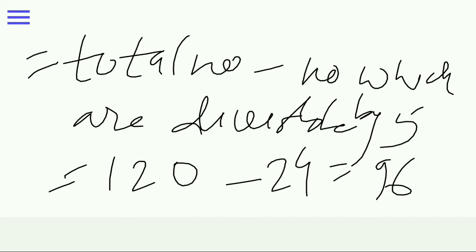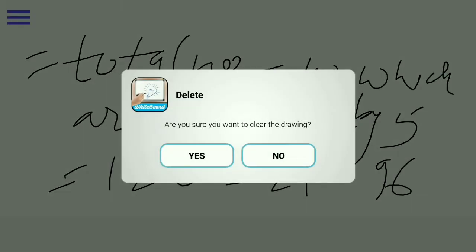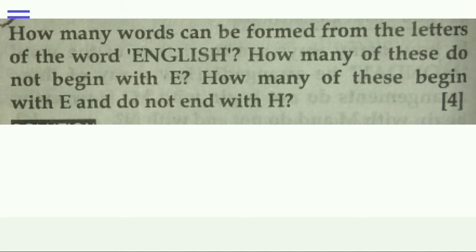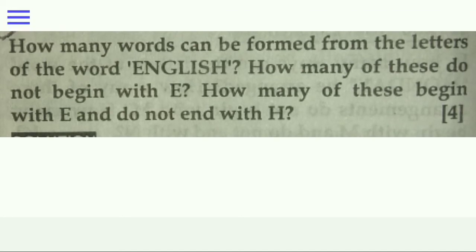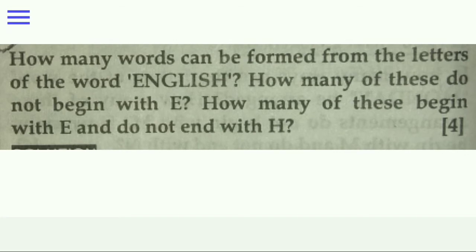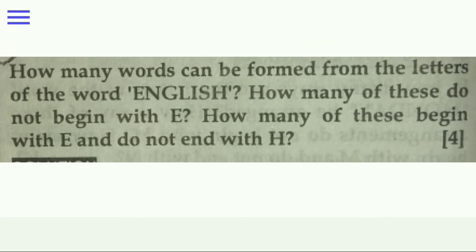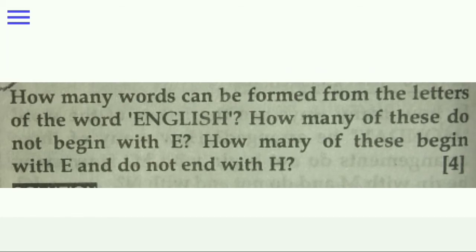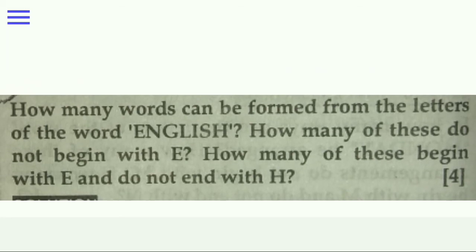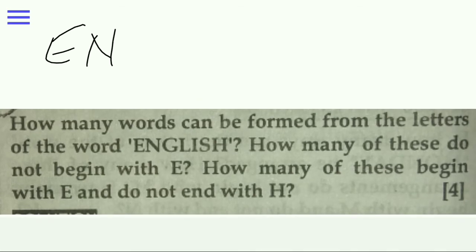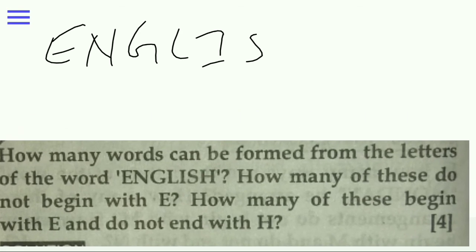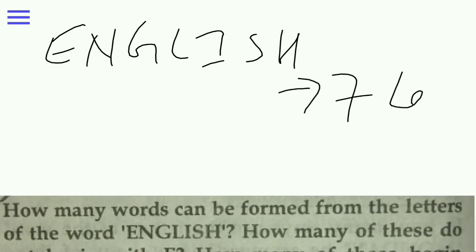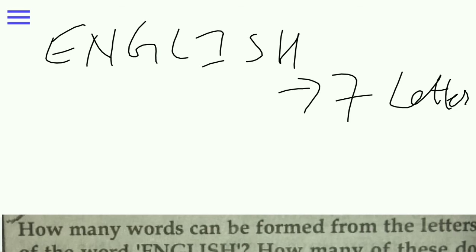So again we have a second question. In this screen you can see how many words can be formed from the letters of the word English, how many of these do not begin with E, and how many of these begin with E and do not end with H. In English there are altogether 7 letters.